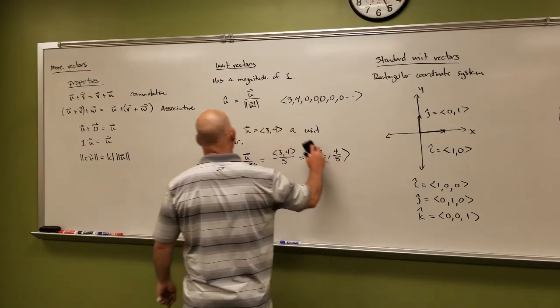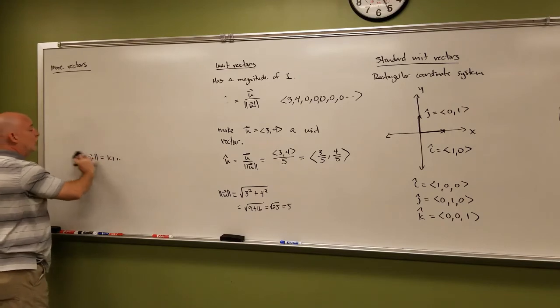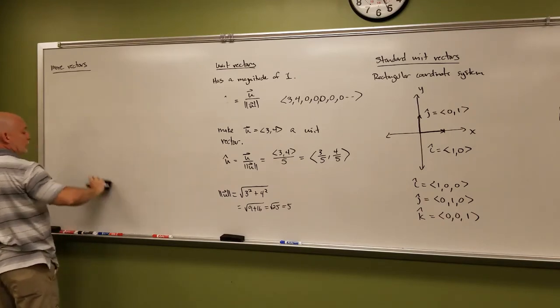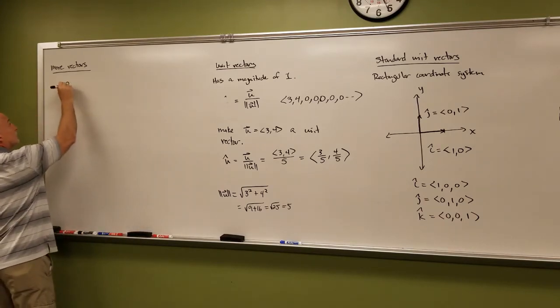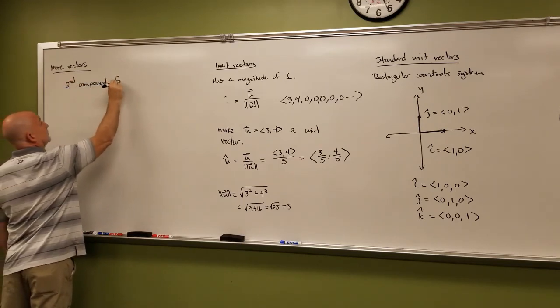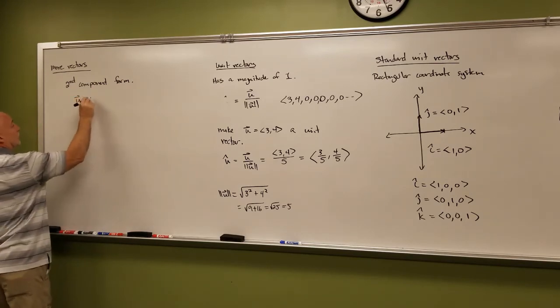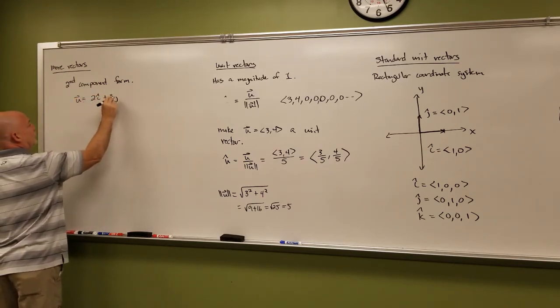Now, by using our standard unit vectors, we can actually come up with a second component form, a second way to represent the component form of a vector. And here's what it looks like. Something like this, 2i plus 3j.